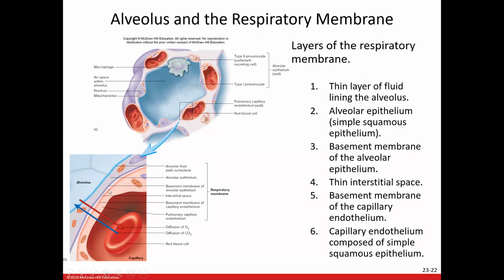Sorry, not connective tissue. Endothelium is not connective tissue. Then the tissue itself, and then the bloodstream. So again, it looks like a lot of different layers across the respiratory membrane, but this is ultimately a very thin amount of space to get oxygen and carbon dioxide across. And that's what we want, because we want a thin membrane so things can easily diffuse across it.